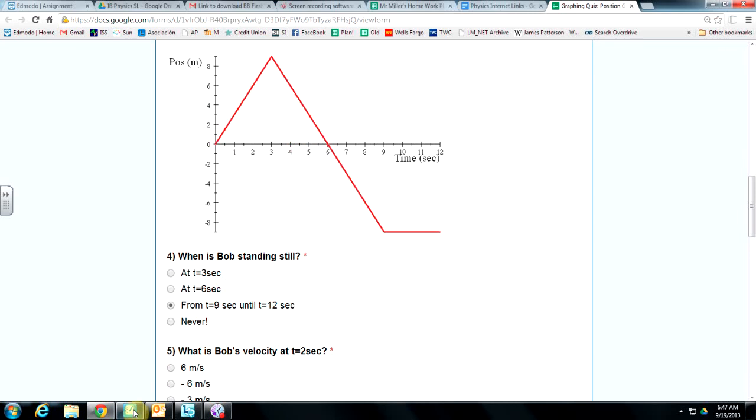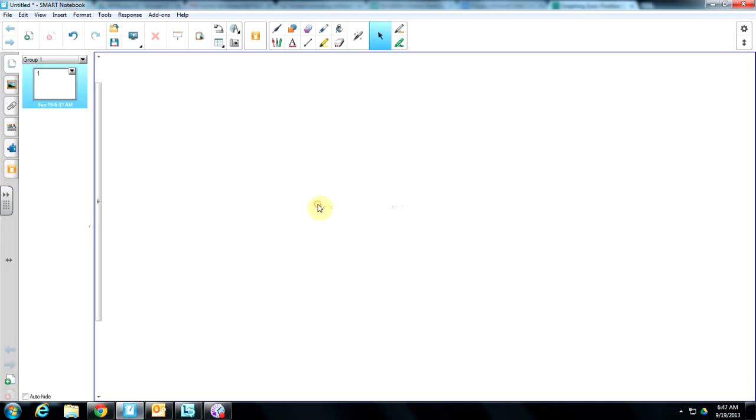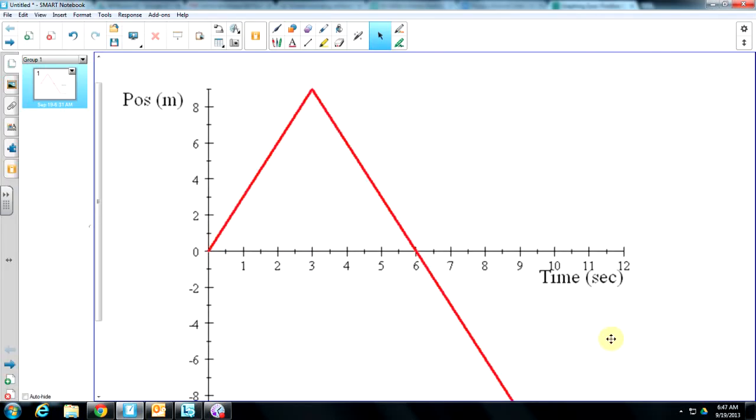So I'm going to copy the image and put it over here, and then we can take a look at what's happening at 2 seconds, because what we want to see is that over these first 3 seconds, he went from the origin up to 9 meters.